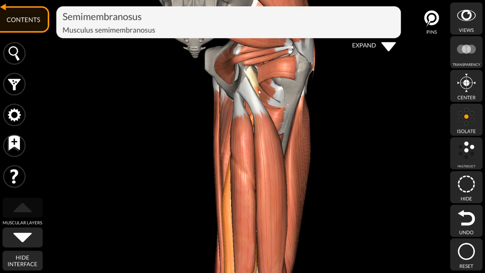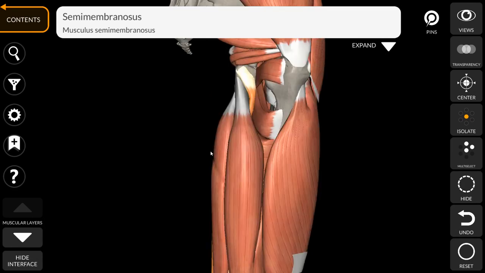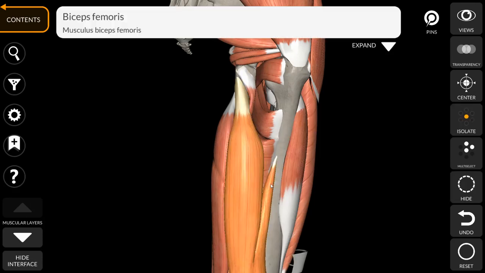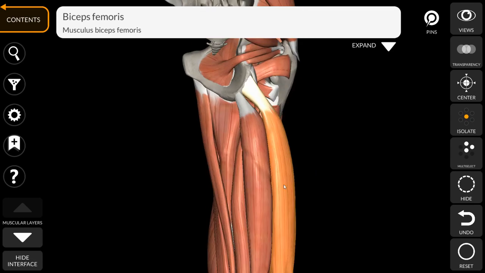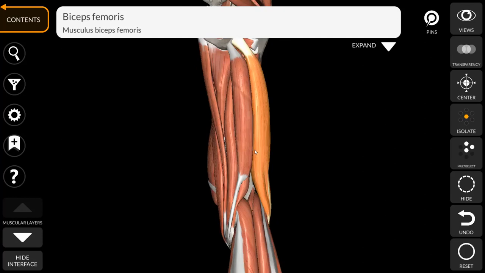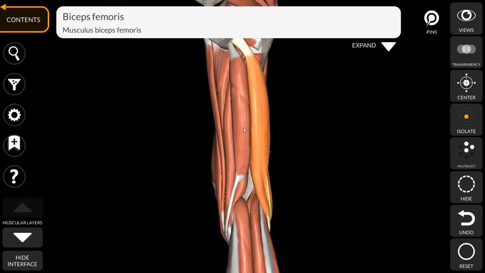Everything originates from the ischial tuberosity except the short head of biceps femoris, which originates from the linea aspera.